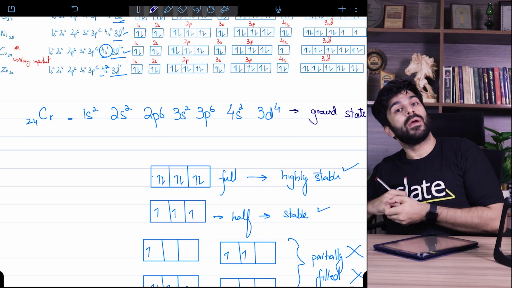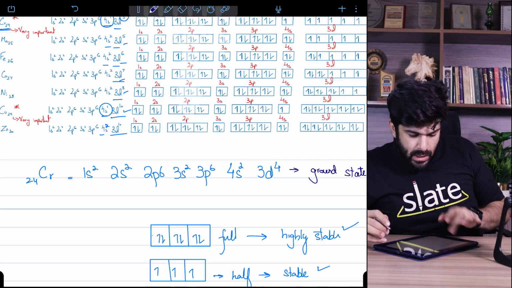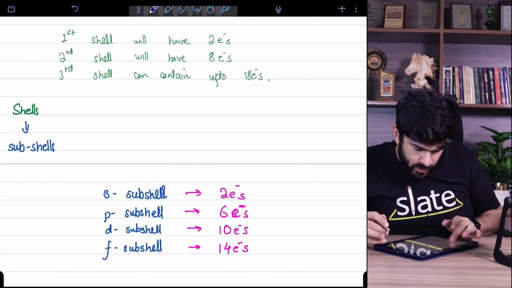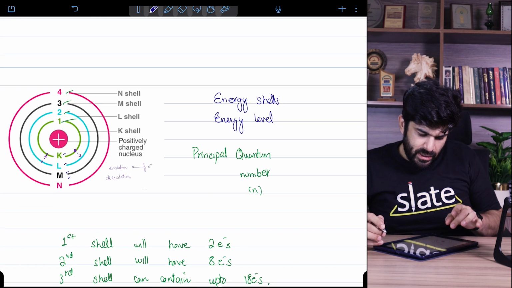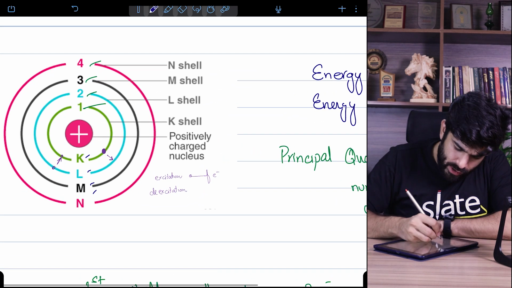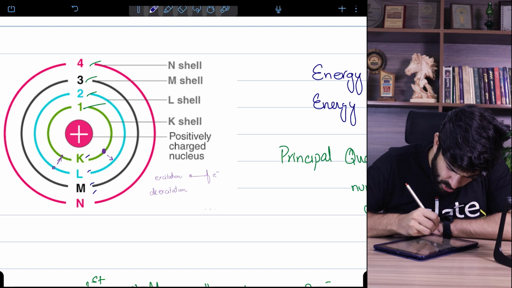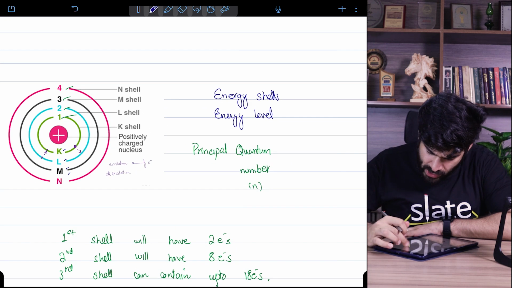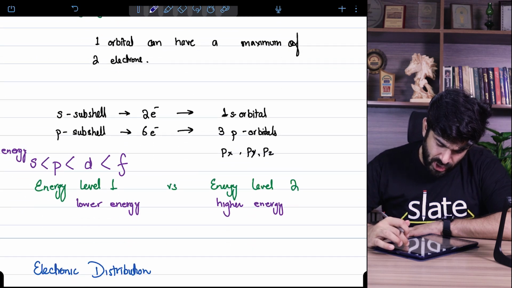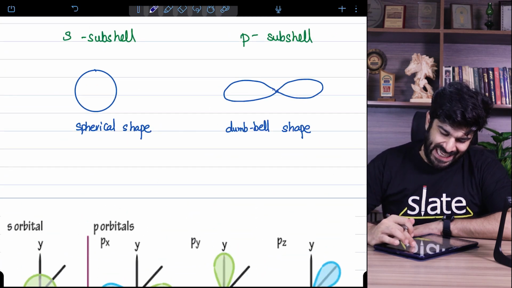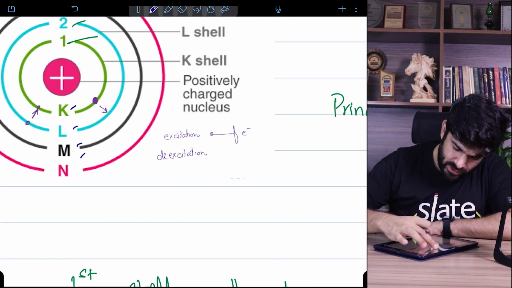Let me tell you why. If we look at the electronic structure, there is a chance that an electron from a lower energy can go to higher energy and one from high can go to a lower energy orbital. We've discussed in the previous lecture that this is called excitation and de-excitation.